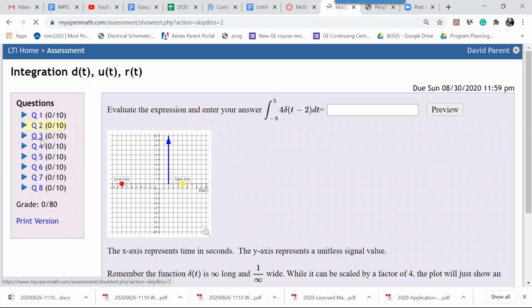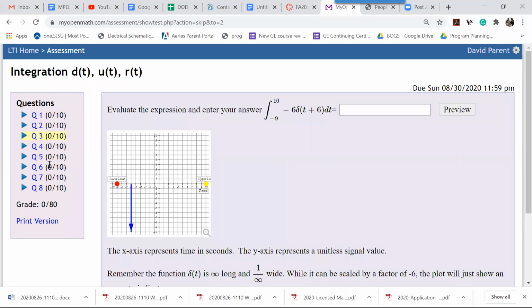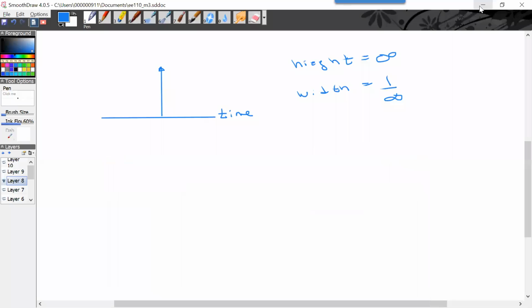And it looks like in these examples it always goes up by 10. Well, the thing is, and this is just a property, the area of a delta function is 1.